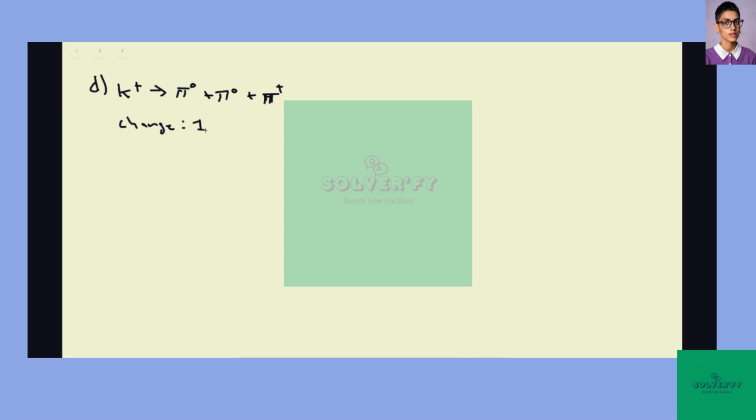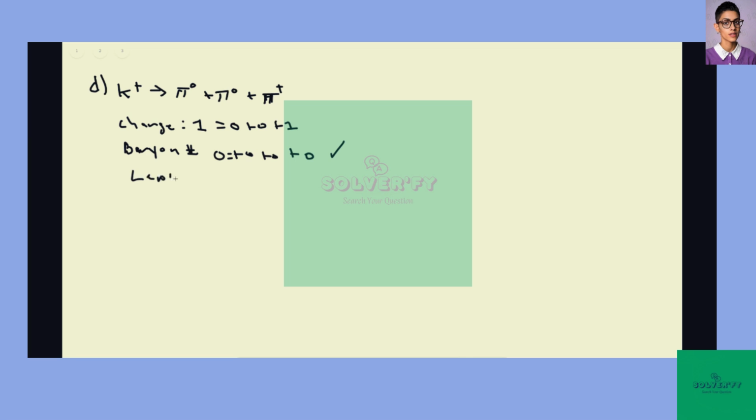We have 1 is equal to 0 plus 0 plus 1. And then let's look at the baryon number. None of these are baryons, so 0 is equal to 0 plus 0 plus 0.